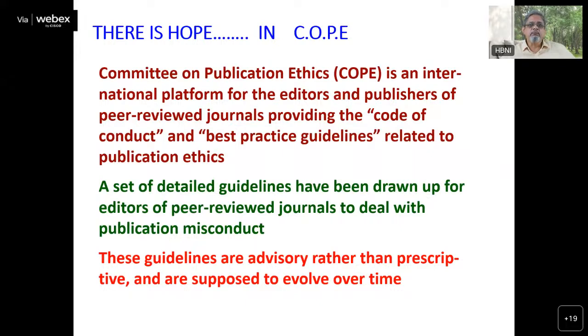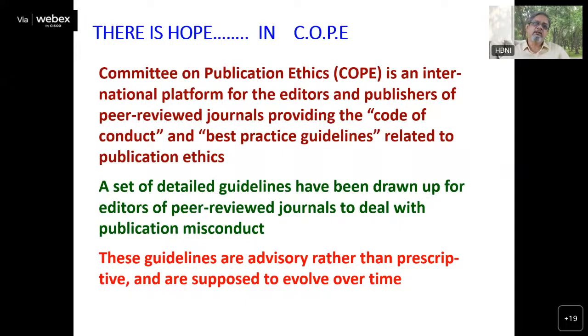And this is quite a dynamic process, and these guidelines keep evolving over time because, you see, people who follow unethical practices don't stop at a certain point. If they are discovered and a particular unethical practice is found out, if the person remains unethical, he will try to find other ways and means to carry out unethical practices.